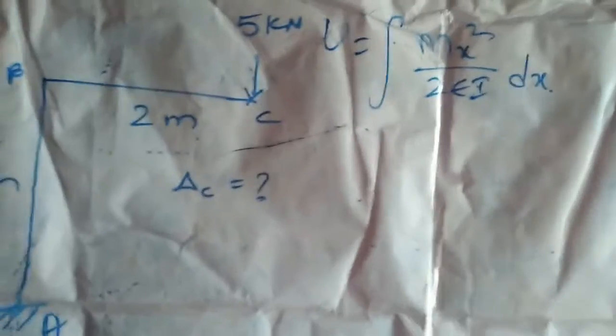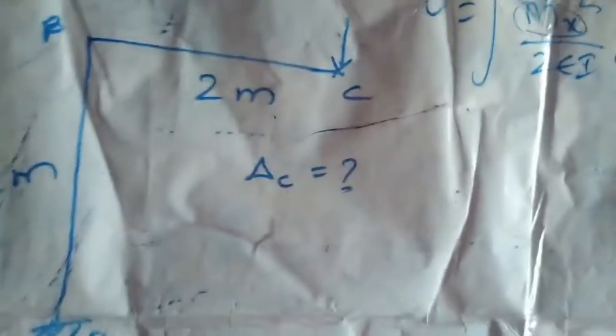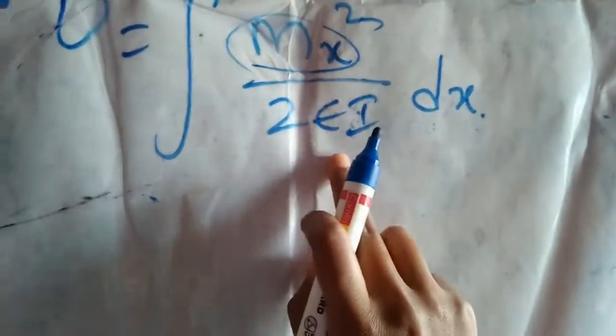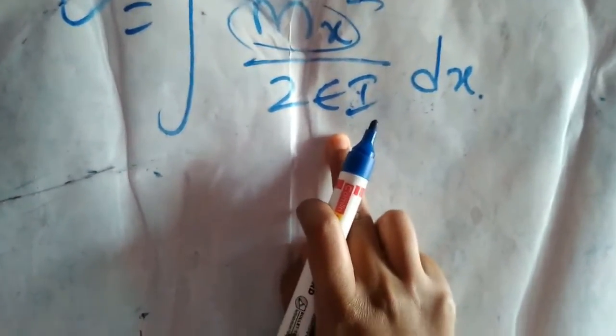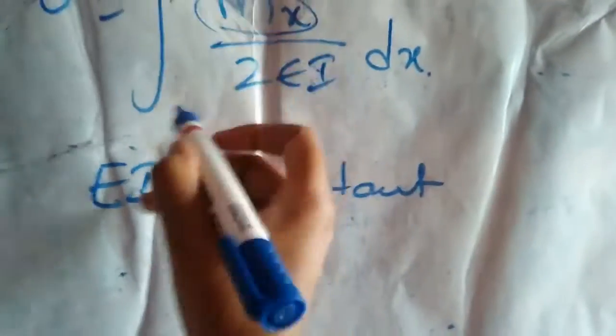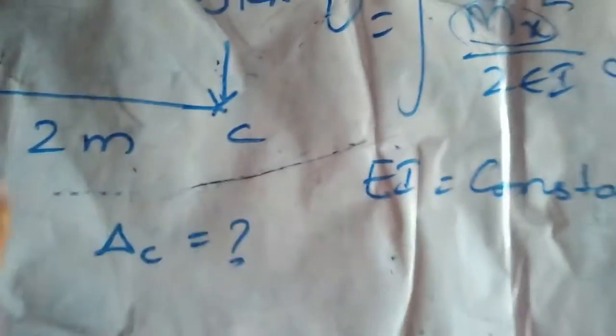So what we have to do is, first we have to calculate this moment. For that, let us take a tabular format with respect to the requirements to find this, because as per this formula you need the Mx value. EI, if they have given any numerical value, you have to substitute that, otherwise you can keep EI as a constant. And for this integration, we have to substitute the limits with respect to the length.